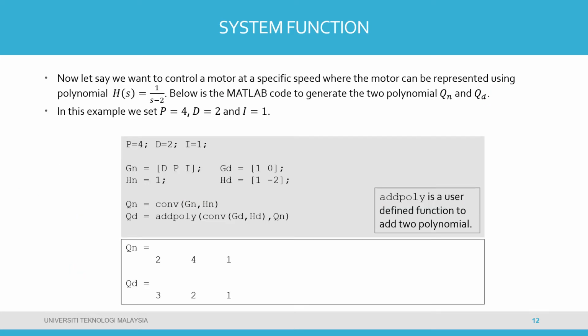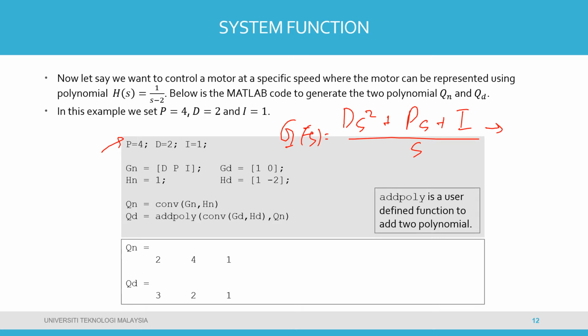So recall back the PID controller. Remember, this is a PID controller: ds squared plus ps plus I divided by S. So how do we represent this? This is G, right? So G(s) is this.